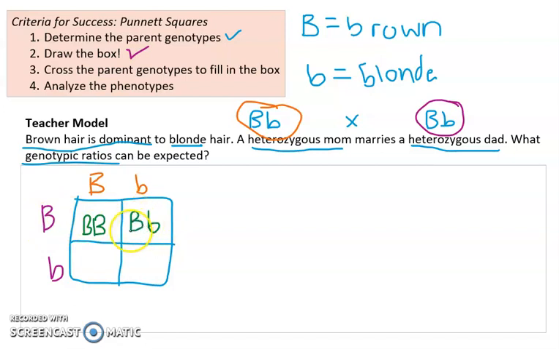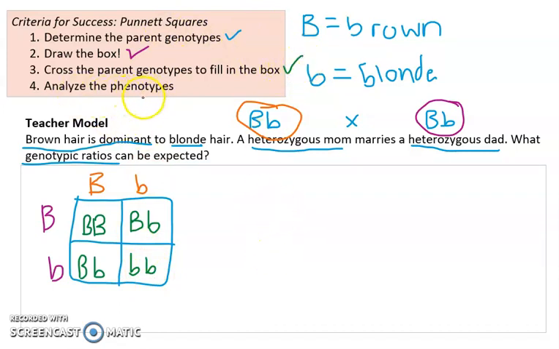Notice that I usually put the capital letters in front. It really doesn't matter the order, but it makes it easier to see if you always put your dominant allele first. Next one, I got a capital B from mom, lowercase b from dad. And last box, I got 2 little lowercase b's from both mom and dad. Okay, so now I crossed my parent genotypes and I filled in the box.